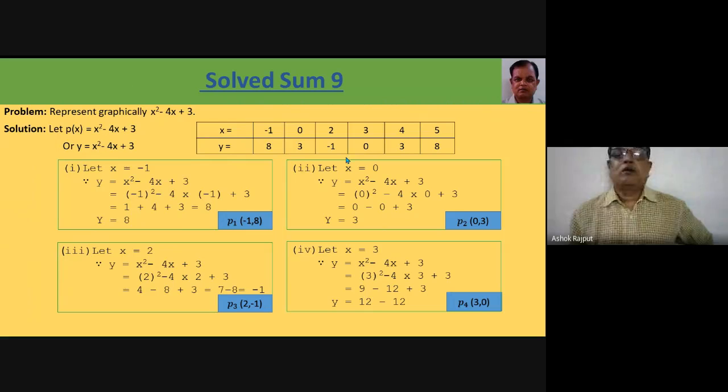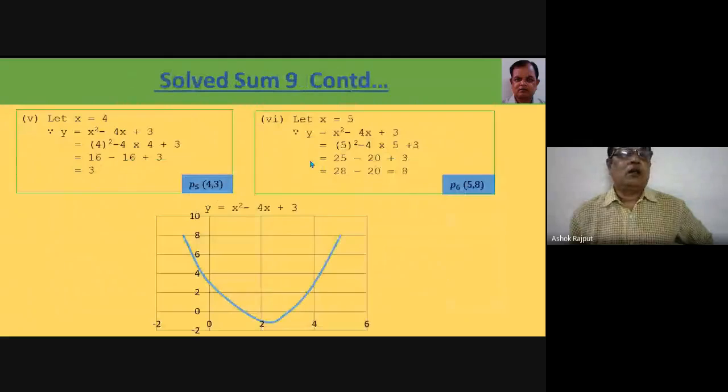Now we will continue and find the other points. Let x equal to 4 in the polynomial. The square of 4 is 16, 4 times 4 is 16, then plus 3. The positive and negative cancel, so the value of y is 3. So point P5 is 4 comma 3.